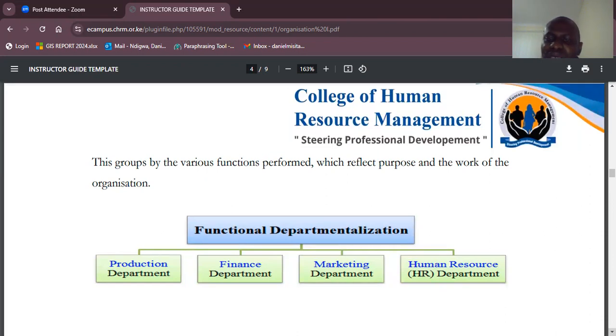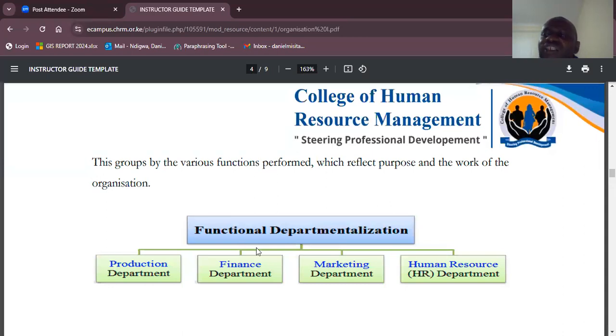For example, you might be having different functions within the organization. And in these functions, we have human resource functions, marketing functions, production or even procurement functions. So those departments are normally divided according to the various functions in which you operate.